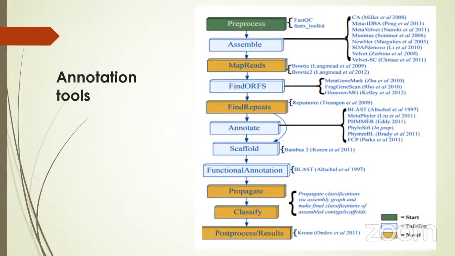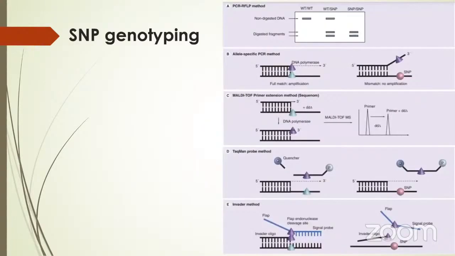Okay, now coming to SNP genotyping. As I told you yesterday, the most polymorphic marker is SSR, but the most abundant marker in the genome is the SNP. Remember, the SNP is the most abundant marker because you will get one SNP in 1000 base pairs, or maybe less than 1000 base pairs.